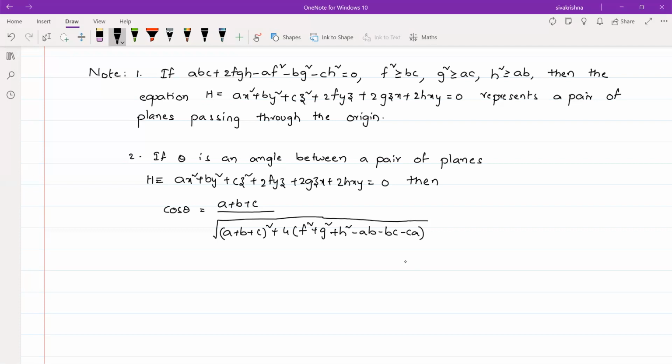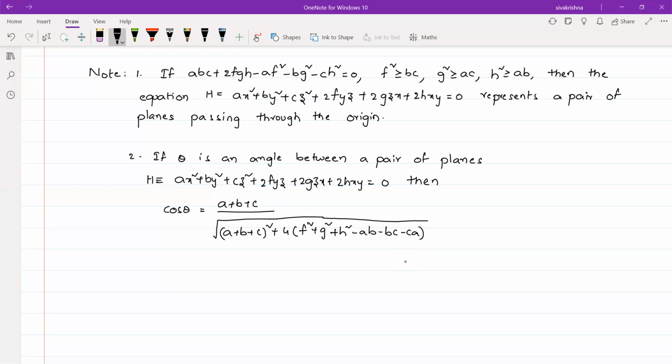Second, f square greater than or equal to bc, so we verify whether f square is greater than bc or equal to bc. Third, g square greater than or equal to ac. And finally, h square greater than or equal to ab. If all these four conditions are verified, then the given equation represents a pair of planes. Coming to the second point, if we want to find the angle between the pair of planes, we use this particular formula.